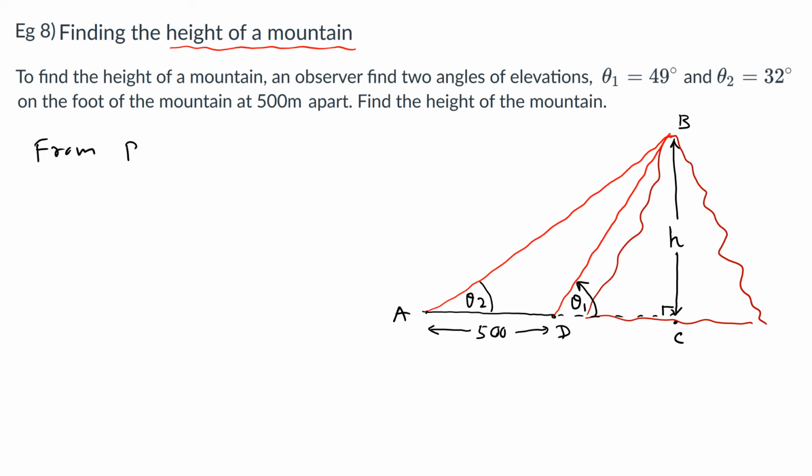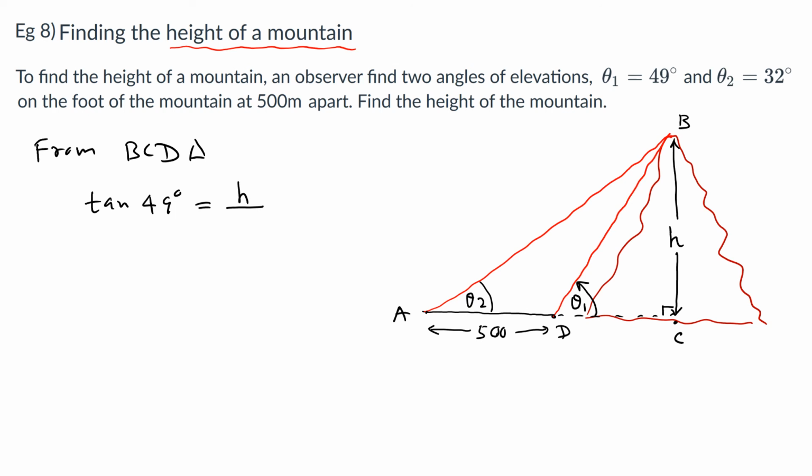From the triangle BCD, we can write a tan. So tan 49 equals opposite over adjacent.